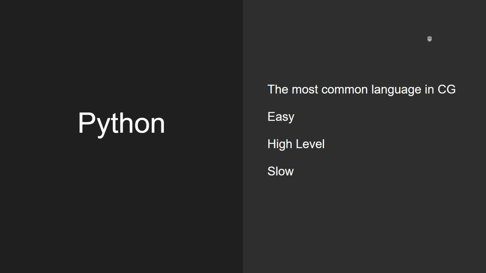But one of the issues is that it can be slower than other scripting languages, like Lua for example. So I know we're going to start with Python. Lua is a more advanced language to start scripting with. But if you don't know anything about scripting or just know Python, that's the best language to learn right now.